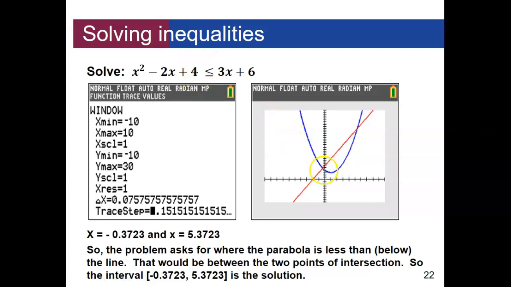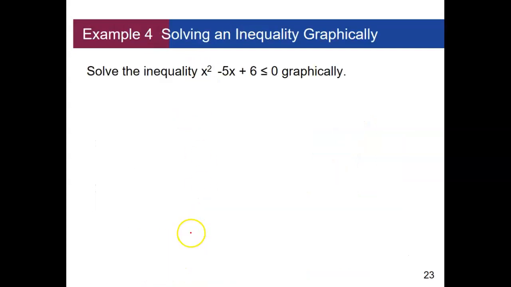So this first one is going to be at negative 0.3723, and then this other one is going to be over here at 5.3723. So we're looking at all the values in between here as our answers. So we would write our interval as the interval with closed brackets because we've got the equals part here, and then that would be our answer.